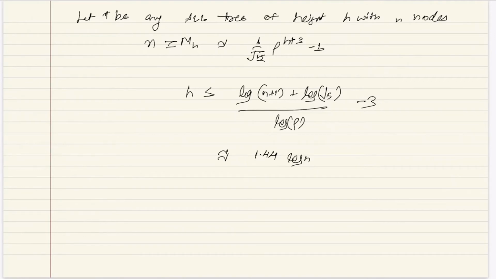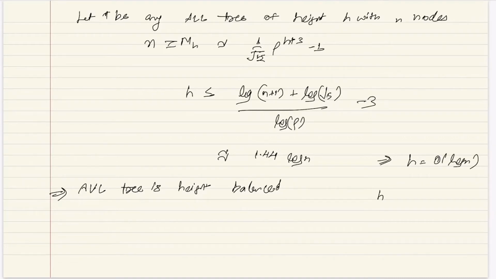So that proves that the AVL tree is height balanced. I was able to maintain height order log n just by following the property that the modulus of h_L minus h_R should be less than or equal to 1. And with this we were able to prove the height is order log n.